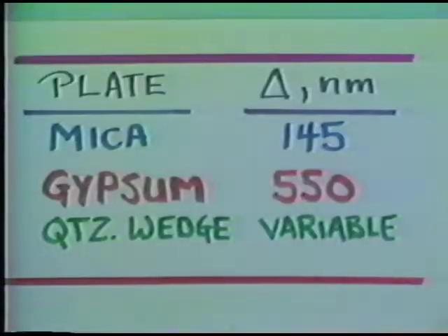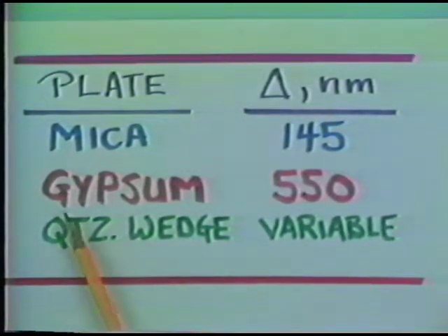Now, expressed in absolute amounts, the retardation that's imposed by a mica plate is exactly 145 nanometers. If you put a mica plate into the field of view without any other mineral grains, what you will see is a weak first order white interference color, because mica of that particular thickness gives you a retardation of 145 nanometers.